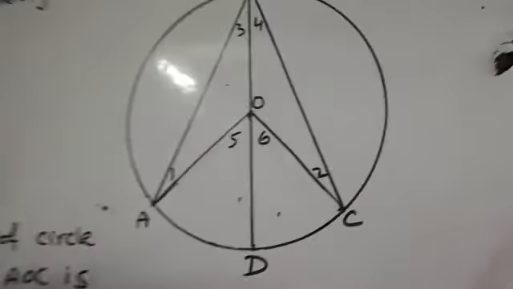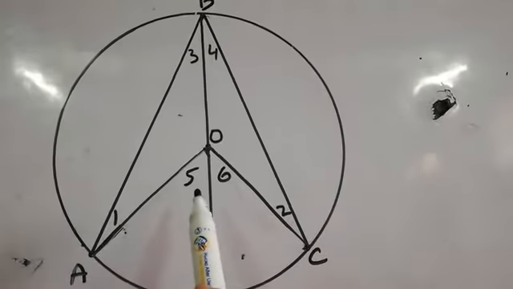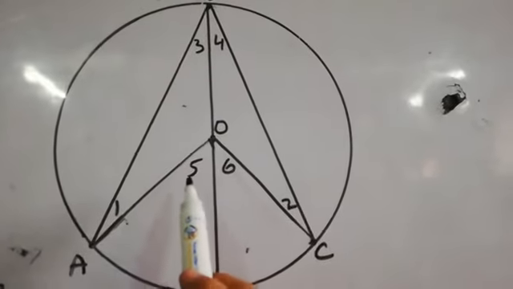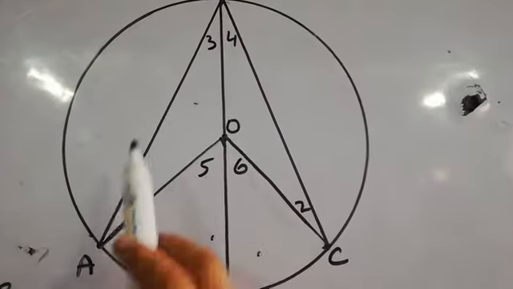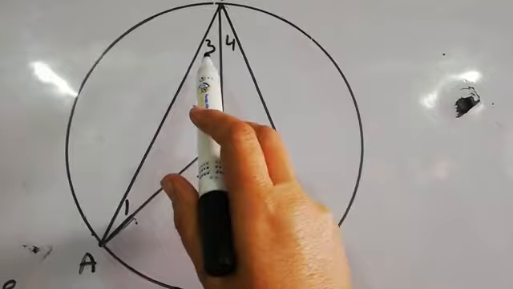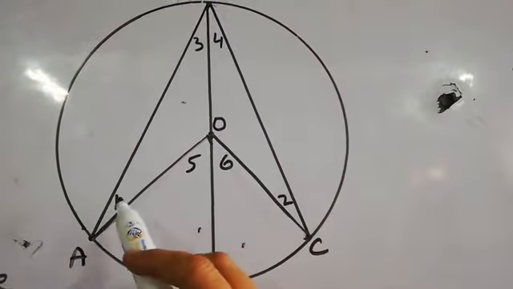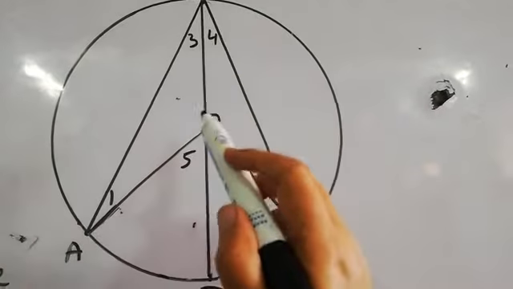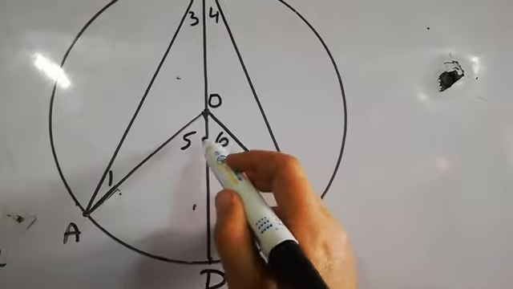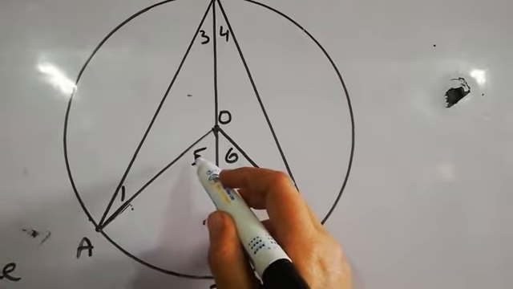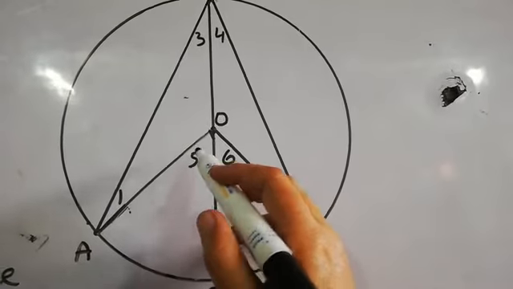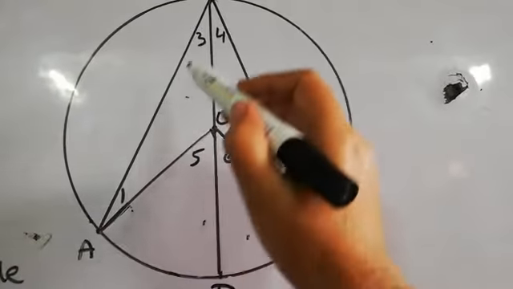And now angle 5. This angle 5 equals the sum of angle 1 plus angle 3, because you can see that angle 5 is the external angle, and an external angle is always equal to the sum of the opposite internal angles.